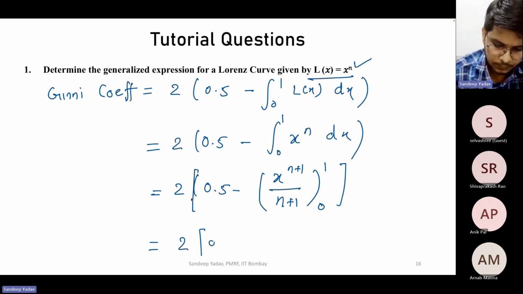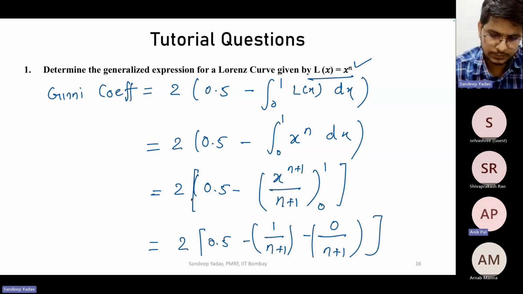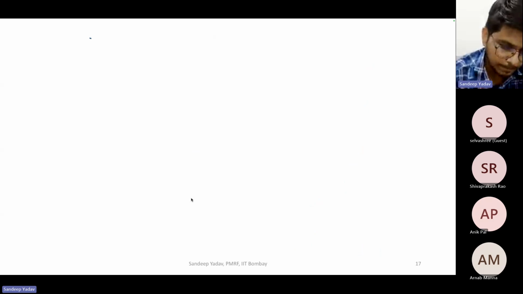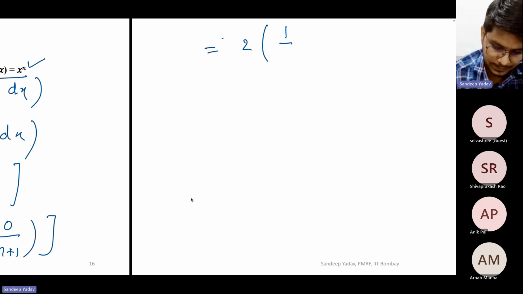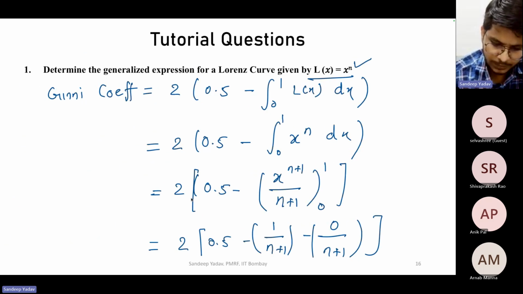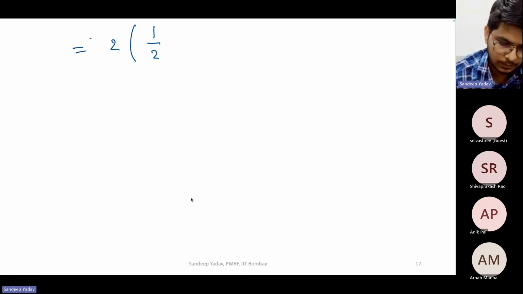If you put the values from 0 to 1, it will be 1 upon n plus 1 minus 0 upon n plus 1. I hope there is no doubt in this question. This is a simple integration. If you solve this, what will be left here? Let's write 0.5 as 1 by 2, so all the things will be in the same order. This is 1 by 2 minus 1 upon n plus 1.